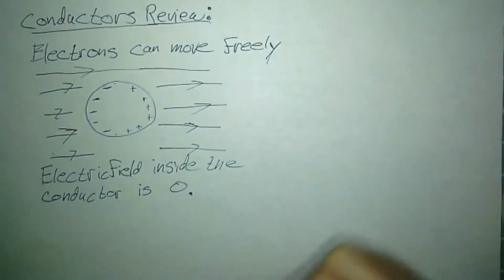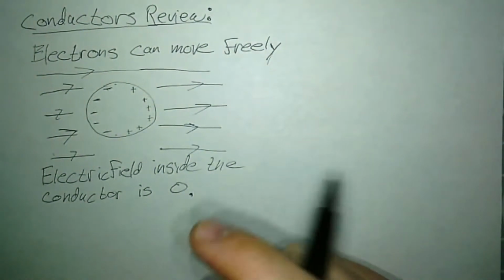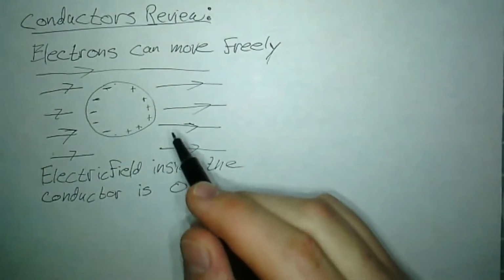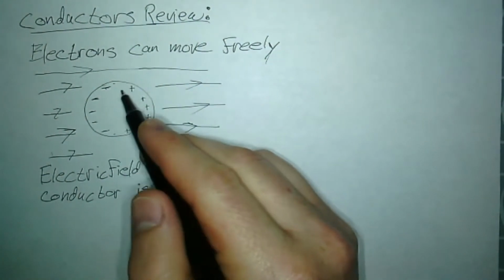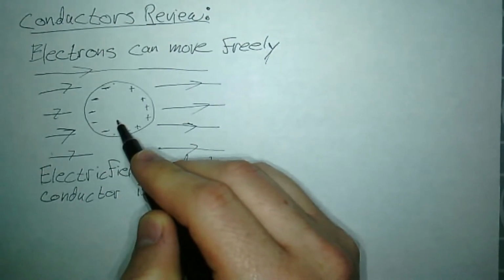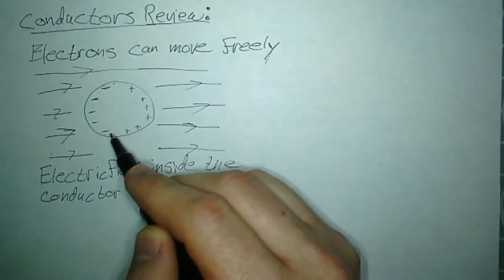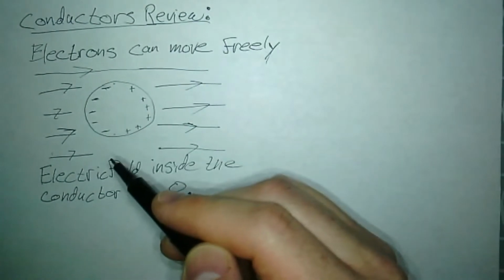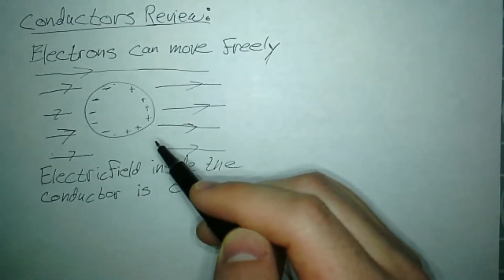So there is no electric field inside the conductor. And the reason for this is because the protons and electrons balance themselves out so that it cancels out the electric field. Because they're allowed to move around freely, they can do that.